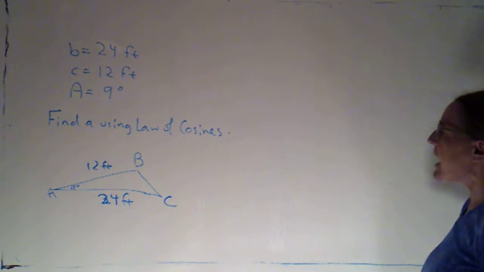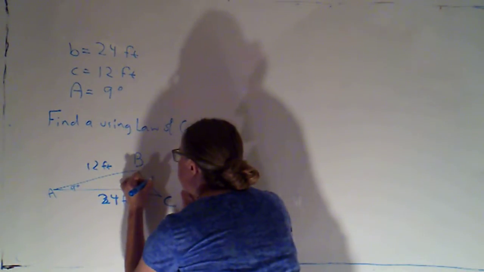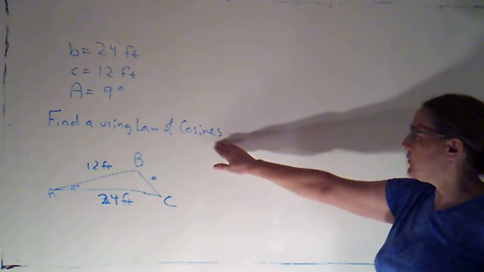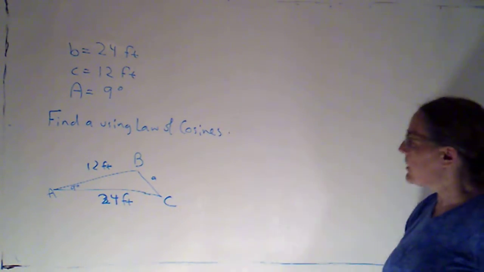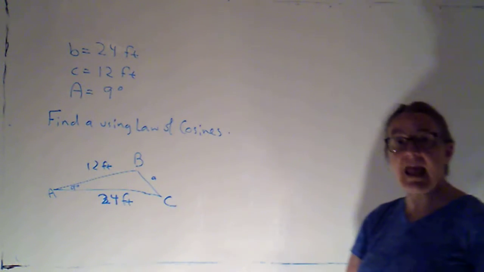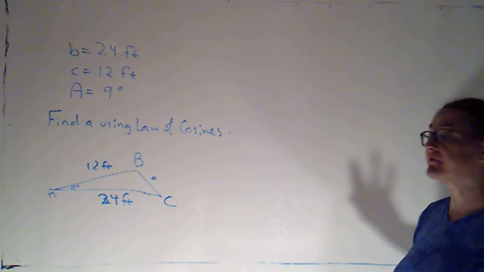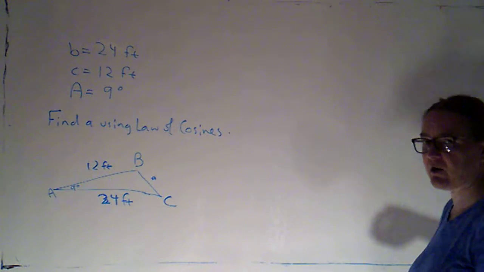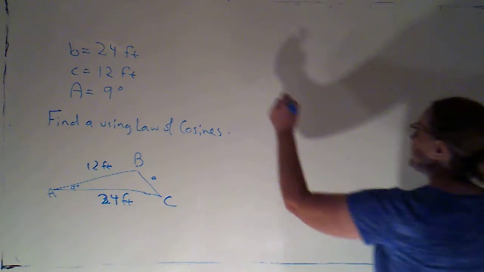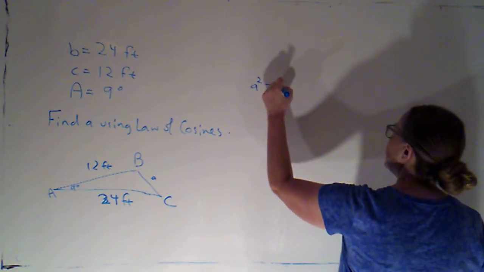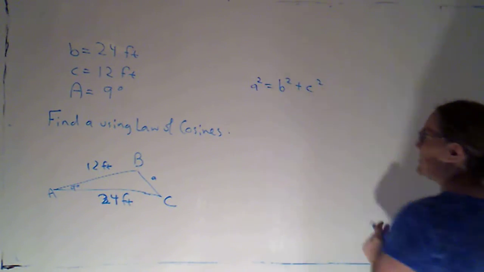But I want to find side A, which would be this side here, and I'm told to use the law of cosines. Since I'm looking for side A, I'm going to use the version of law of cosines that singles out side A and angle A. So that's going to be A squared is B squared plus C squared.